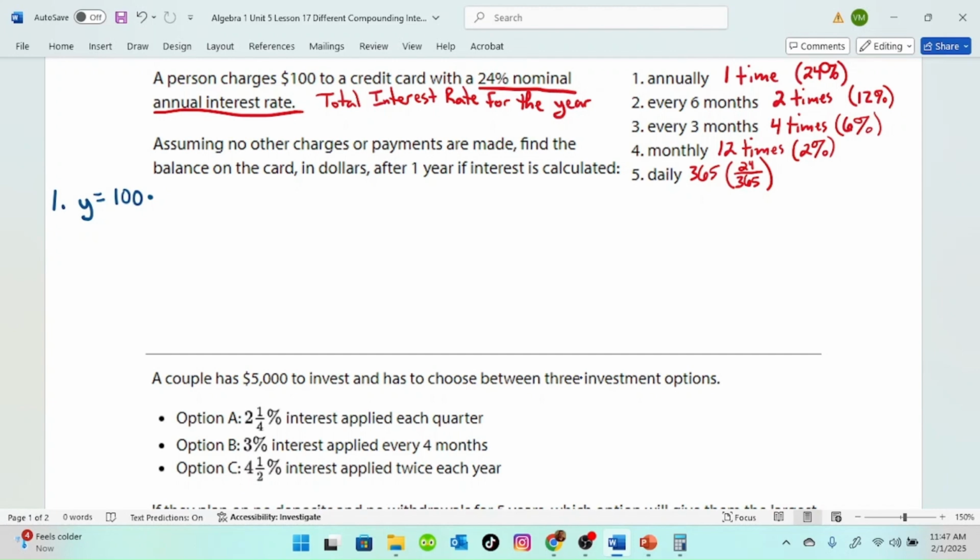Well, if it's 24%, we move that decimal point 2 spots to the left.